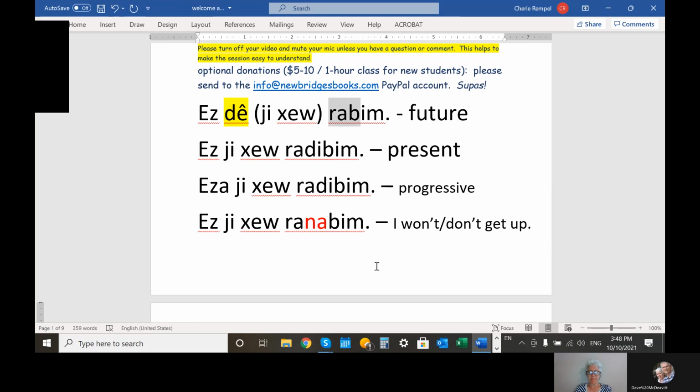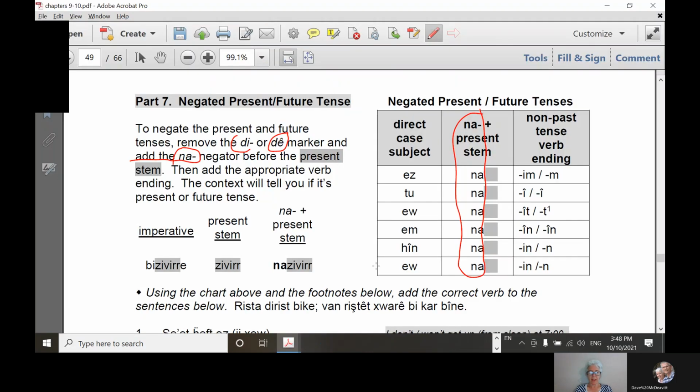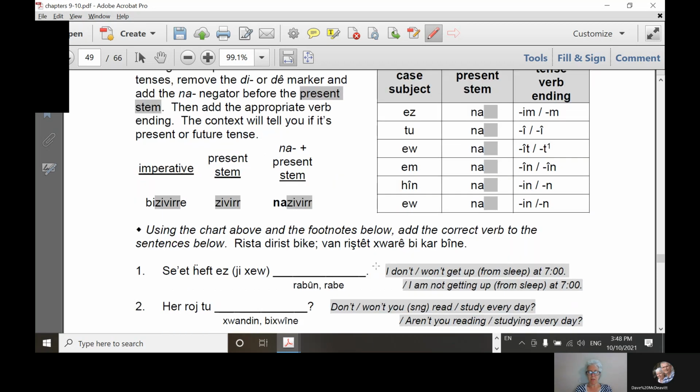Ashkau-ra-nabam. And that is how you do negated. You simply replace the di with the na, or the de with the na.